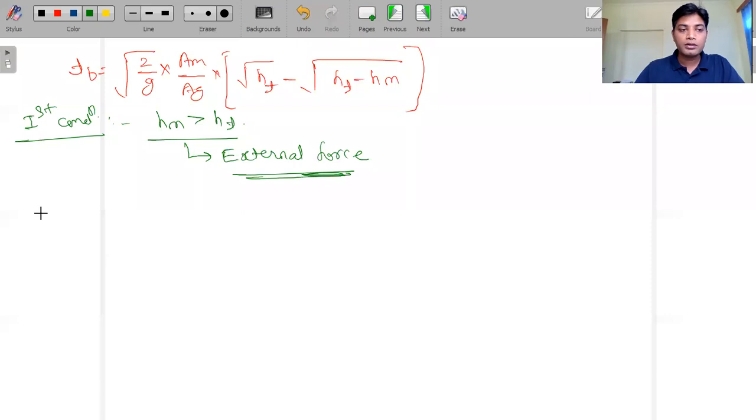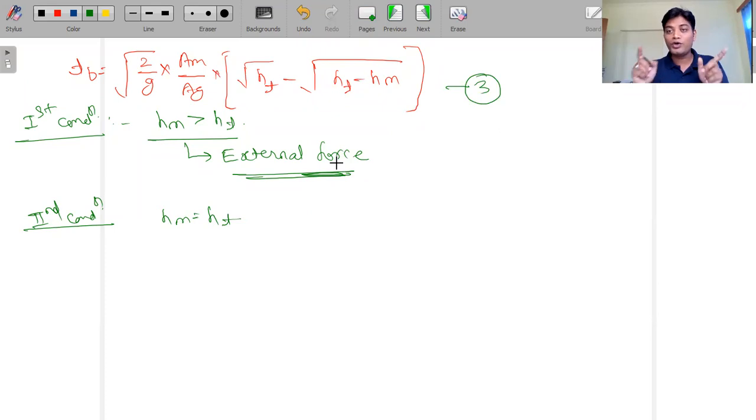Now what will happen in the second condition, when this Hm will be equal to Ht? In this equation number 3, just put Hm equal to Ht.